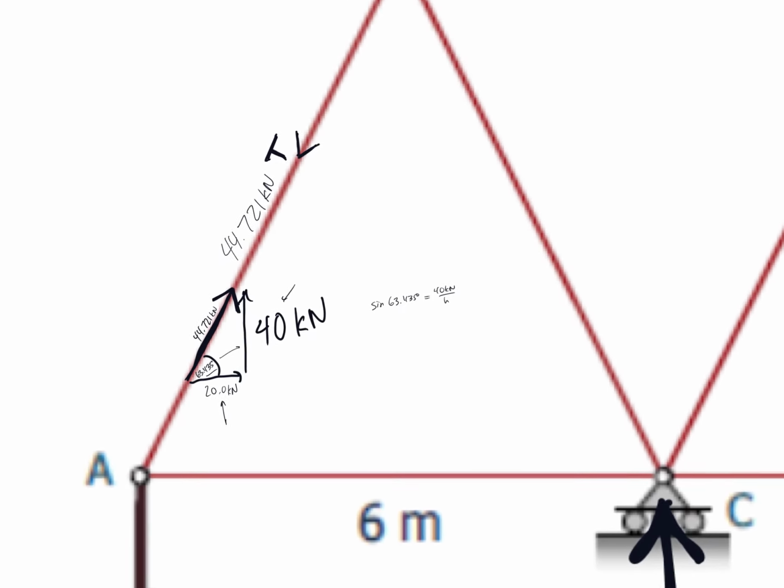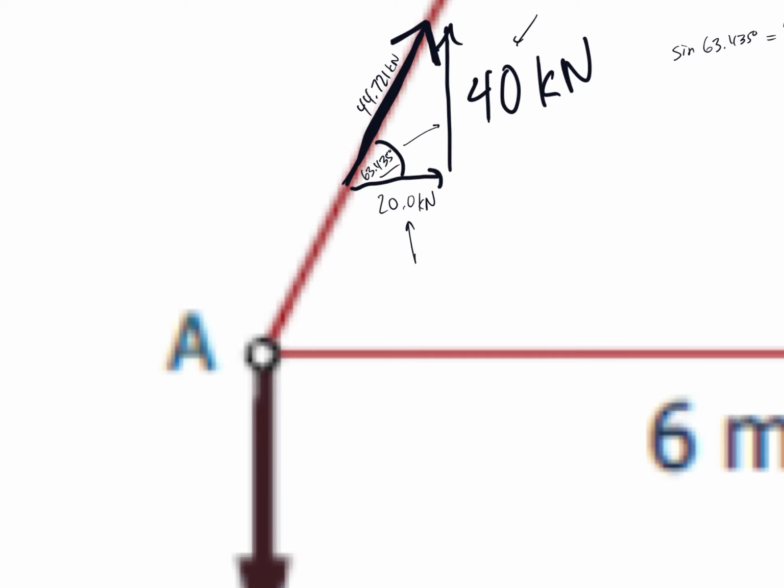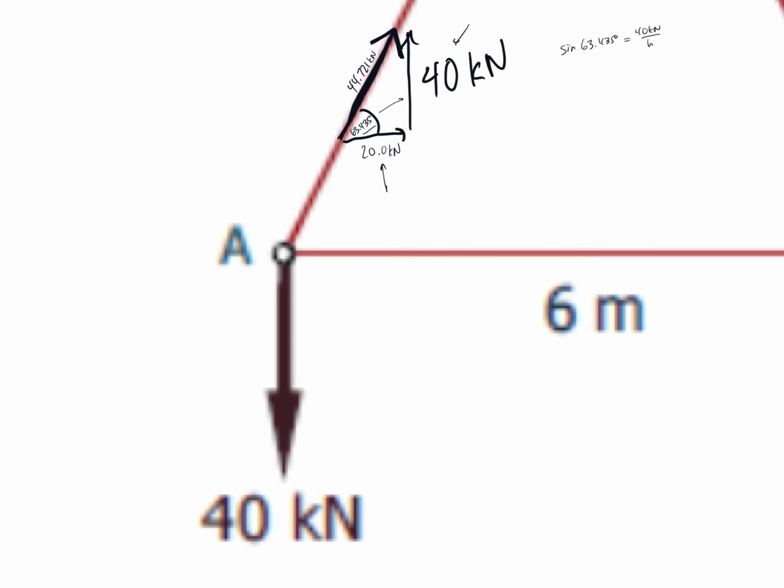Anyway, I haven't balanced A yet. In the vertical, I've got 40 kilonewtons up matching 40 kilonewtons down, so we're good. In the horizontal, I've got 20 kilonewtons to the right, so I need 20 kilonewtons to the left. So this looks like this, 20 kilonewtons, and it's pushing, so this is compressive.